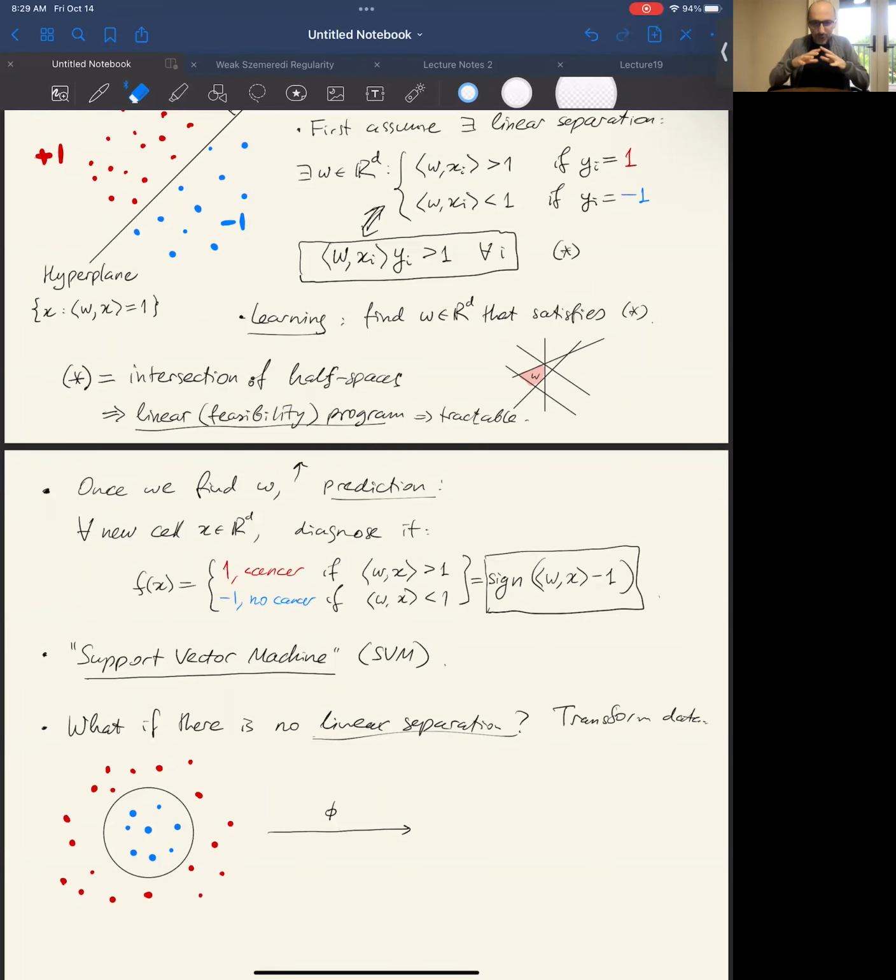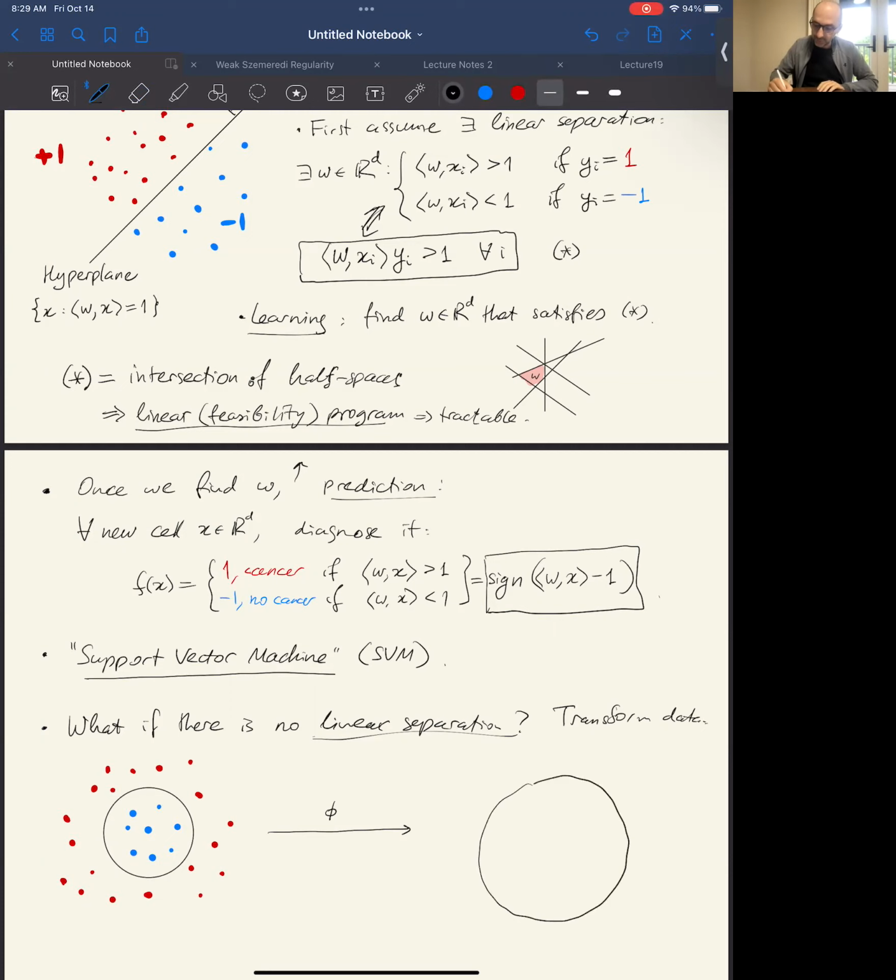Imagine you curve the plane a little bit into the third dimension, so that these blue points become on the top, near the North Pole. Then you can definitely separate them by a parallel. So this is the picture.